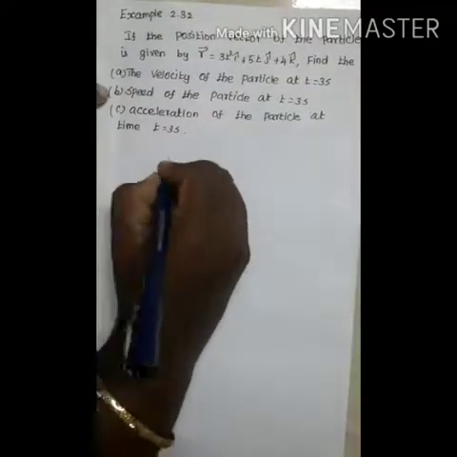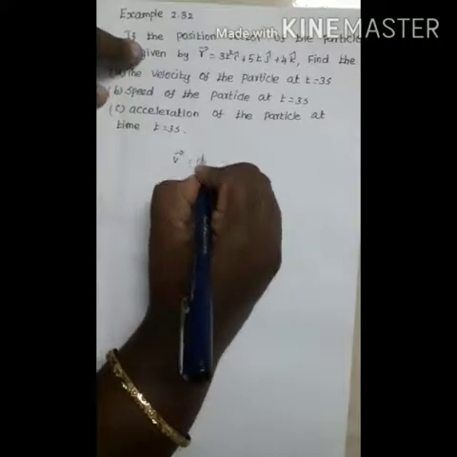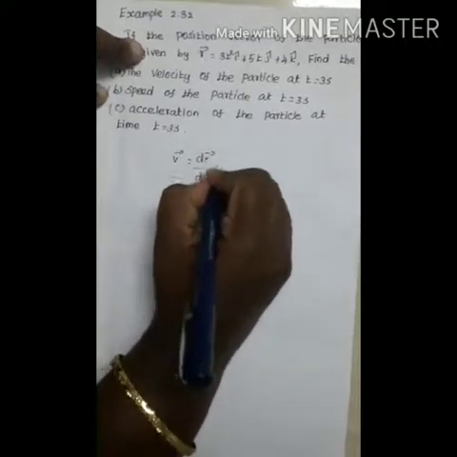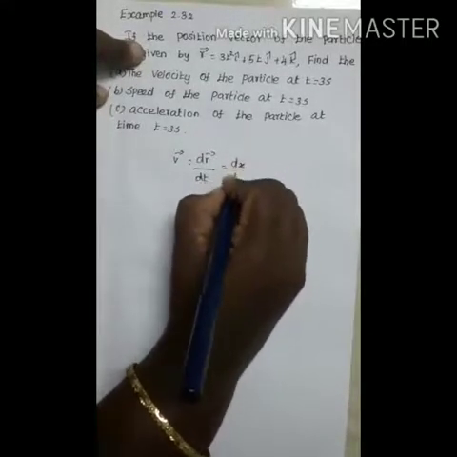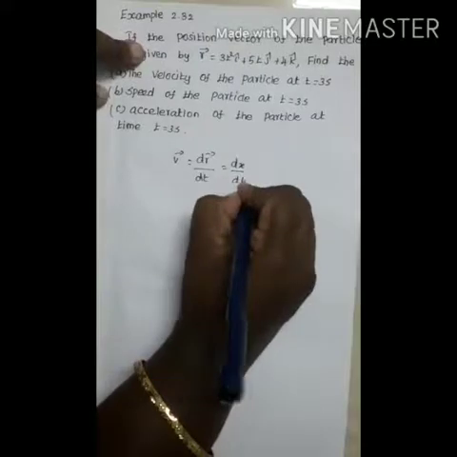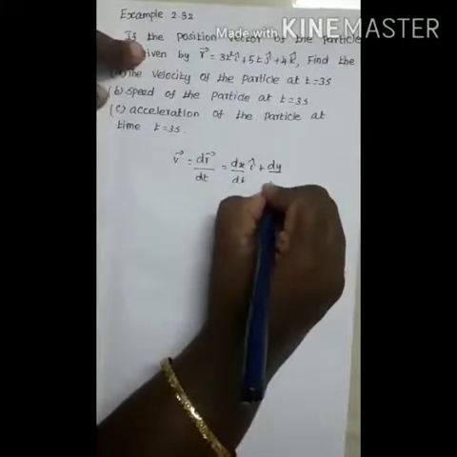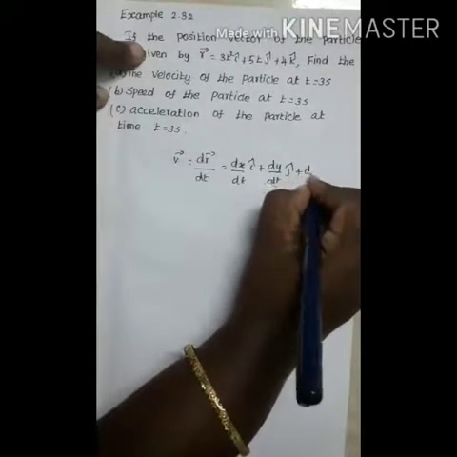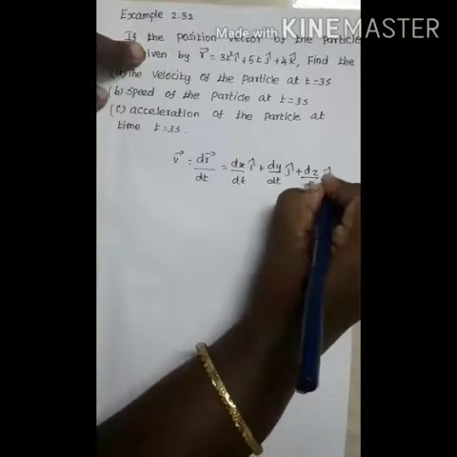The velocity v vector is equal to dr vector by dt. dr vector by dt can be written as dx by dt i cap plus dy by dt j cap plus dz by dt k cap.